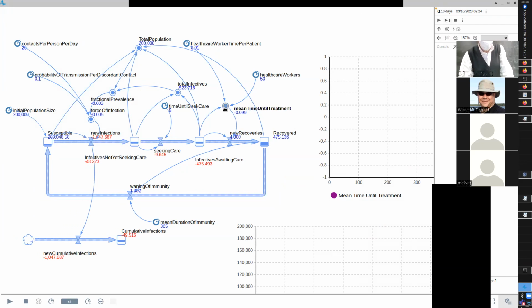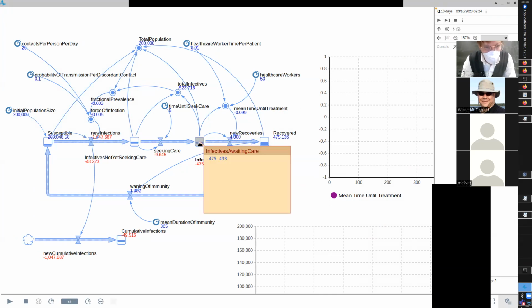No, I didn't, because I figured number of healthcare workers will always keep as positive. I think it's the limiting behavior. So in other words, when there's almost no one in fact awaiting treatment, and they get treated extremely quickly.